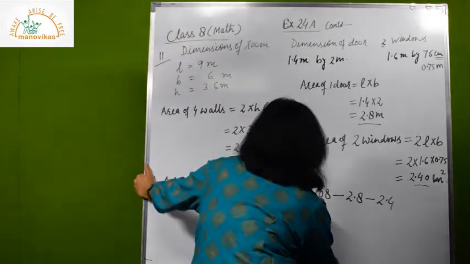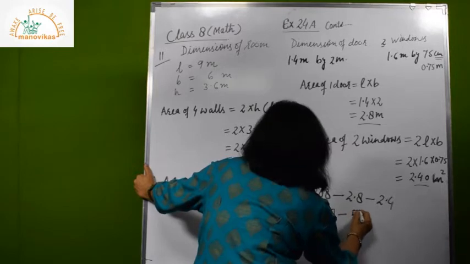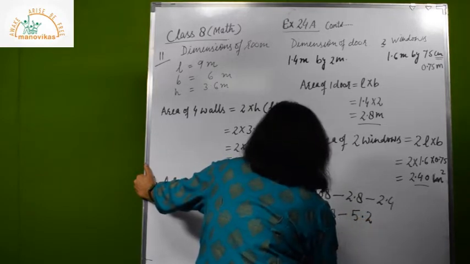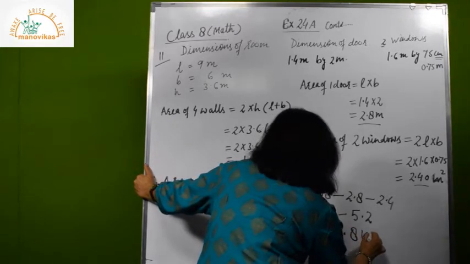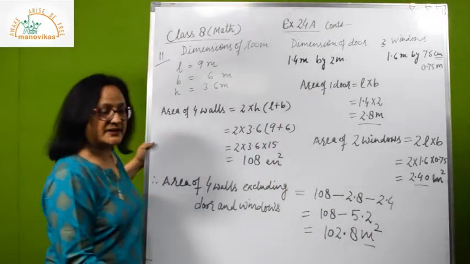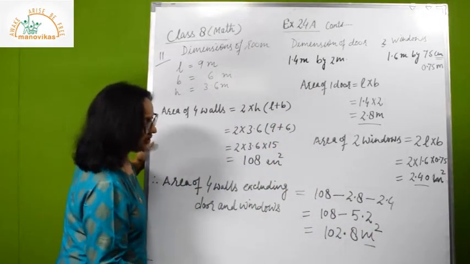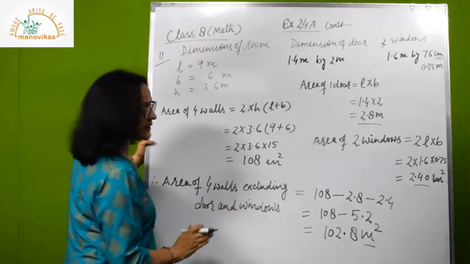So this way, 108 minus 5.2, you will get the answer as 102.8 meter square. All the units are in meter, so it will be 102.8 meter square. So this is the first part of the question that we have done.